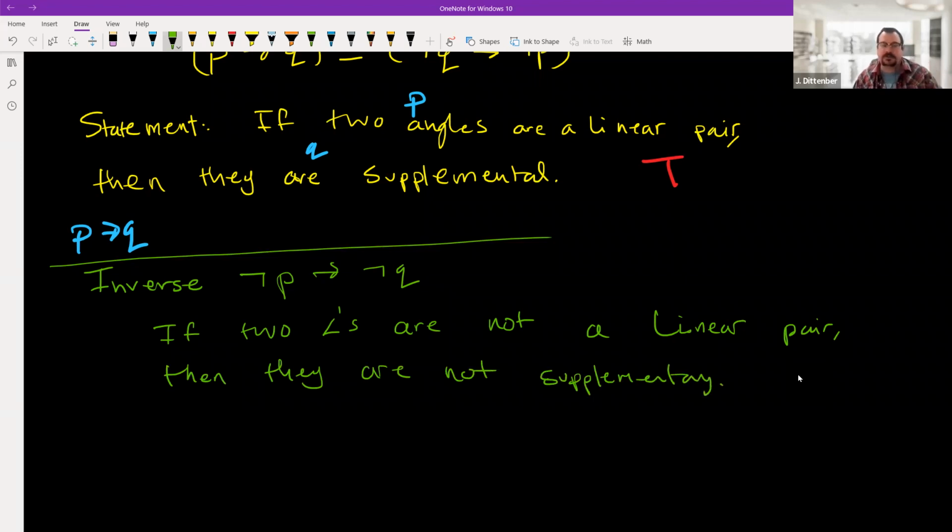Okay, so we know this is false. How do we know it's false? Because of the example we just did, we found two angles that are supplementary but are not a linear pair. So this one is not true.